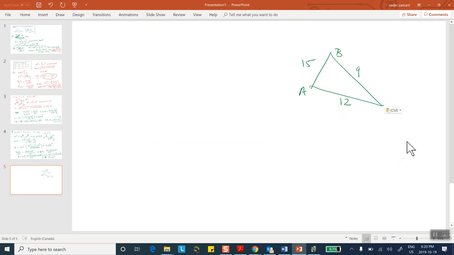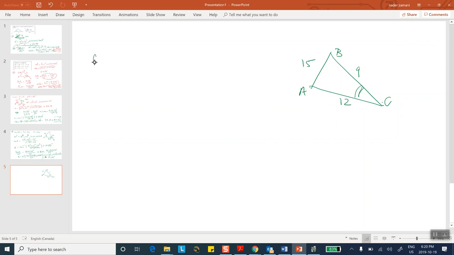So instead of memorizing that formula, believe me, I already forgot what it was, what I'm going to do is find this angle. Let me label this C. Find the angle C, for example, using law of cosine.